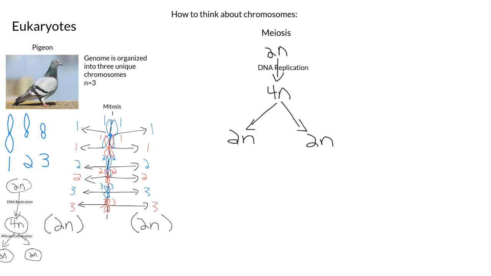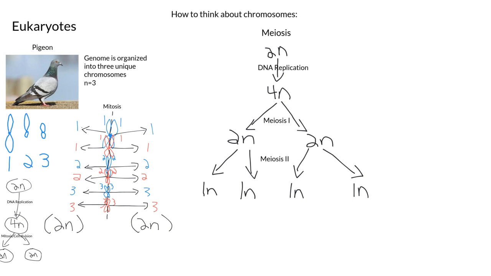And then at first, that 4N cell divides into 2 cells through meiosis 1 to create 2 2N cells. And then subsequently, meiosis 2 happens, and there's another round of cell division, which produces 4 haploid 1N cells.